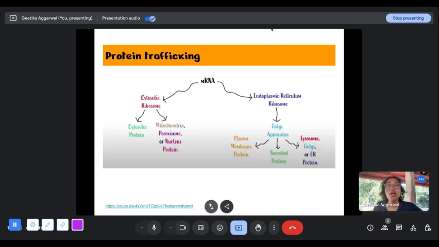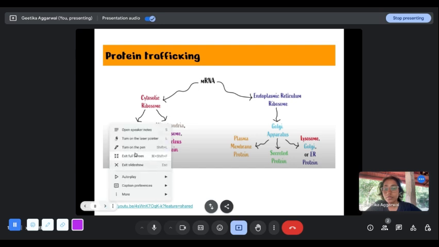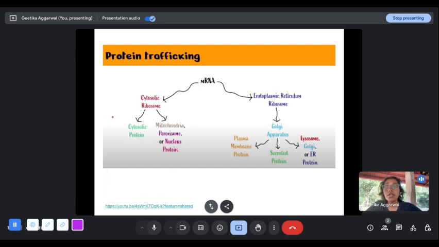Okay. Now, since we discussed cargo and how it's being produced in the endoplasmic reticulum, packaged in the Golgi, and destroyed in the lysosome, I would like to talk about how protein is being trafficked in the cell, how it's being moved around in the cell. Last week we discussed mRNA and how mRNA is translated to form proteins.